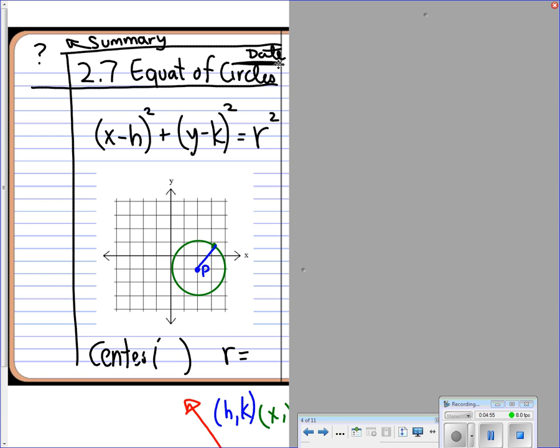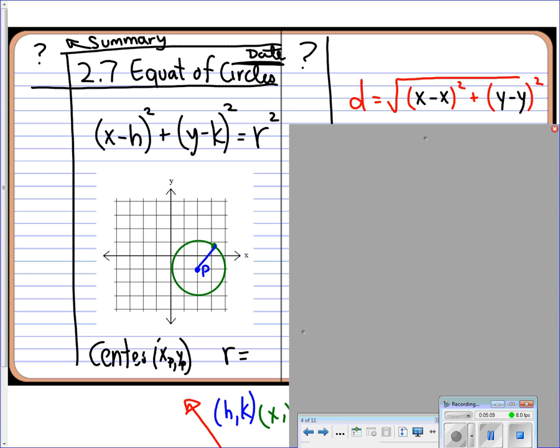In this case, my center is P, so I'll call it XP and YP. If it was K, I'd do XK and YK. It doesn't matter. I want to show you the relationship to things you've already dealt with. Here's the distance formula. Looking over to the left, P has some value of x and some value of y. I can see by the graph it looks like it's over 2, down 1, but just for the sake of talking, I want to pretend I don't know the x and y value for P, so I'm going to call it h and k.